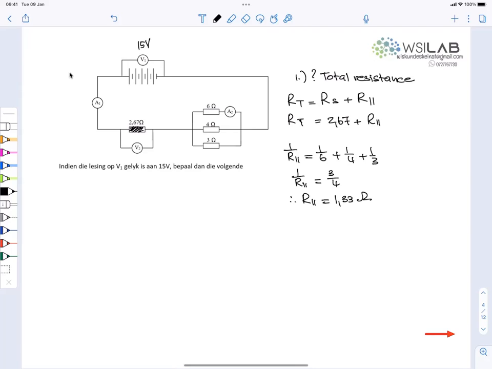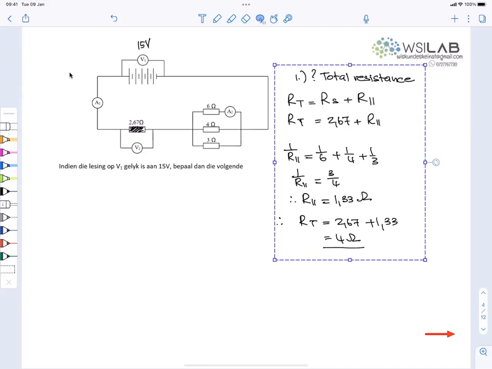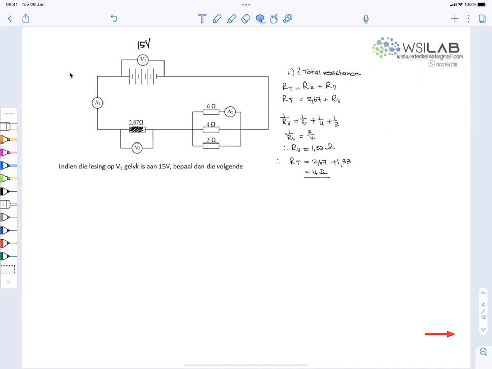That is the parallel section. Therefore, the total resistance is 2,67 plus 1,33, which is 4. That is a very important reading. Please write that down.